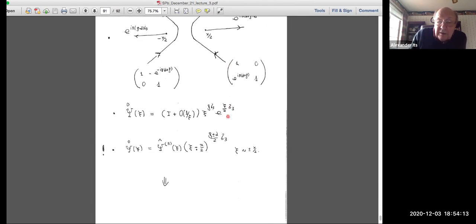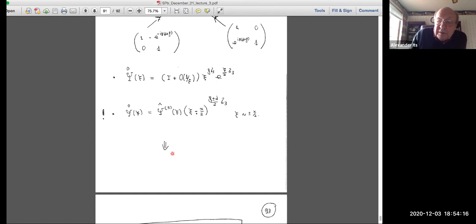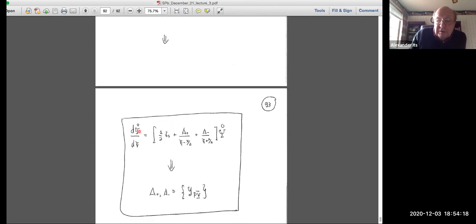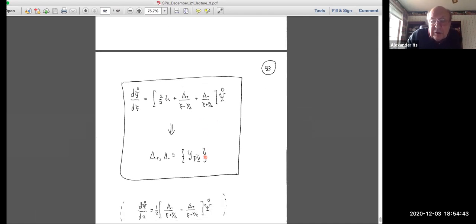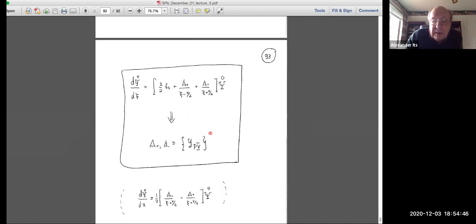And now considering again this logarithmic derivative of psi naught, instead of the previous case, where I had a naught over zeta of xi, now this 1 over xi is split into 2 regular singularities. And once again, not a theorem, but I cannot solve this in contour integrals. But I can express those A plus, A minus in terms of a solution of Painlevé 5.